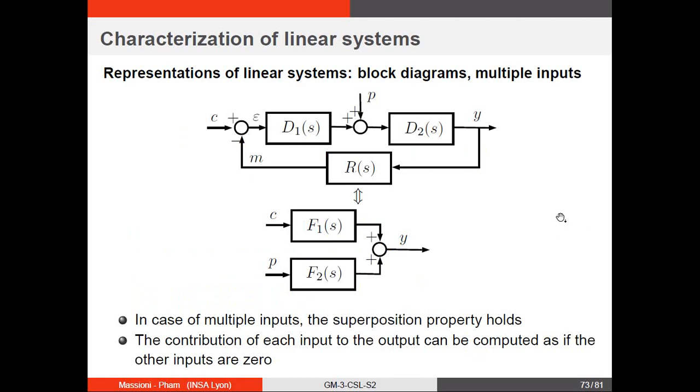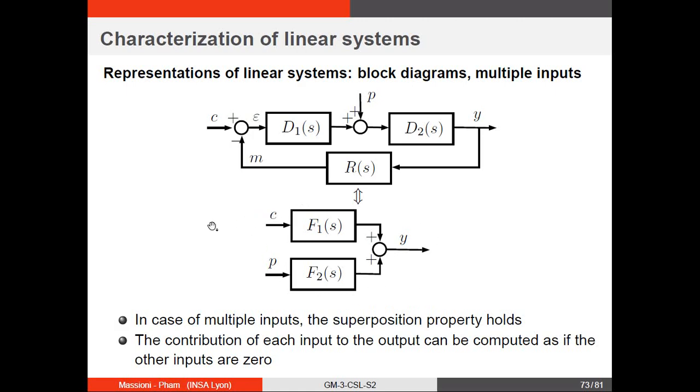So let's see why this is interesting, because let's see a little bit more complex scheme. You might have a more general scheme for a feedback system. If you remember again the example of the car, it could be this one, and this one basically features a reference c, and p is the disturbance, if you wish. And this can be shown to be equivalent to this kind of scheme over here.